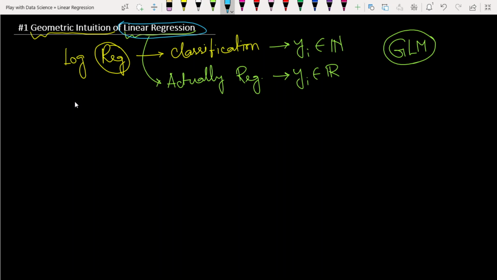So let's start. Let D be our data set, which consists of pairs xi and yi, where i belongs to 1 to n. D means the data set; in general it may be the train data set.